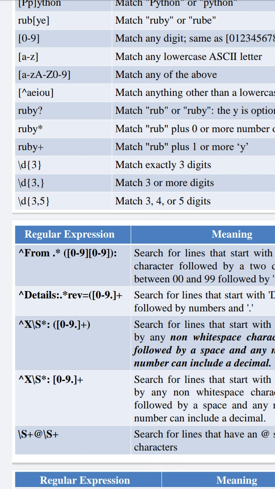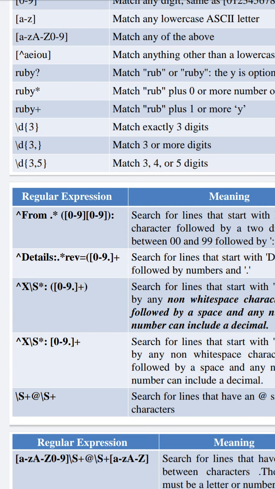Ruby question mark indicates that y is optional; the question mark indicates it may or may not occur. Whereas ruby star may match just RUB, or Ruby, or RUB followed by any number of y.